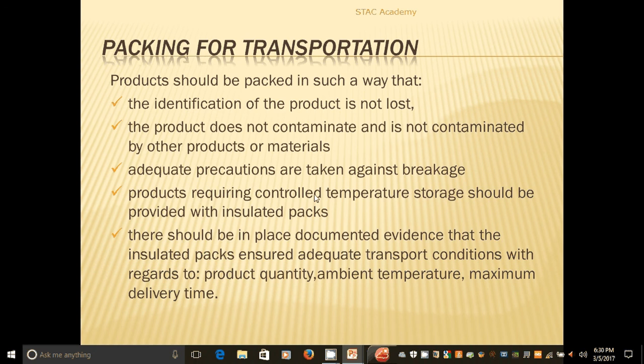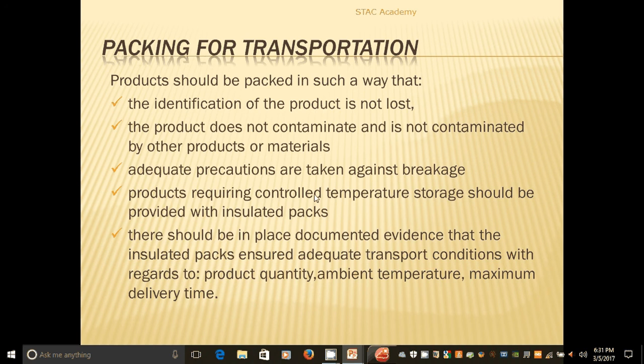Packing for transportation. Products should be packed in such a way that the identification of the product is not lost. The product does not contaminate and is not contaminated by other products or materials. Adequate precautions are taken against breakage.